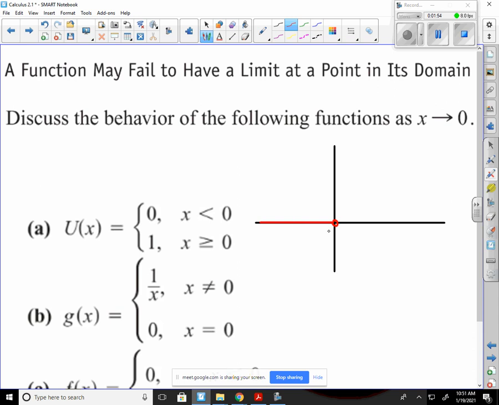So it's 0 for every number less than 0. So when x is negative 10, y is 0. When x is negative 5, y is 0. But then when x is greater than or equal to 0, y is 1. So if this is 1, then starting here, it's going to be at 1.